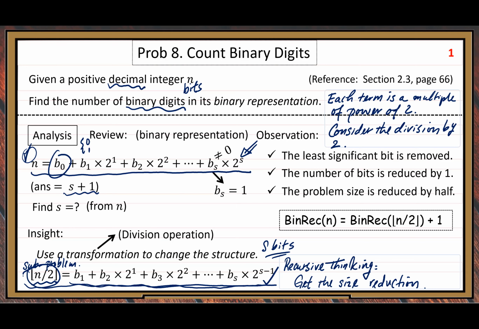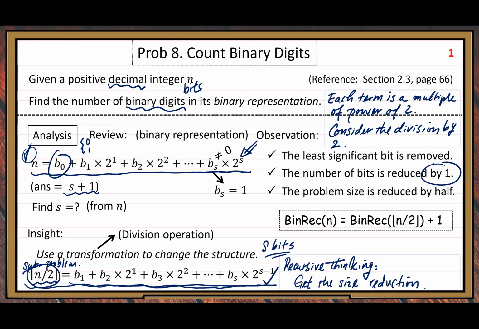So we get a recurrence relation. On the left-hand side, bin rec of n equals, on the right-hand side, the answer of the subproblem with half of the size, bin rec of floor of n over 2, but you need to add 1 because the difference is 1. So you add that 1 back to the answer of that subproblem.